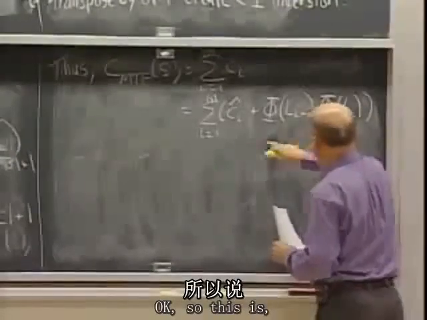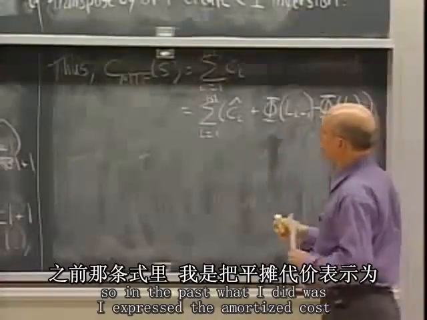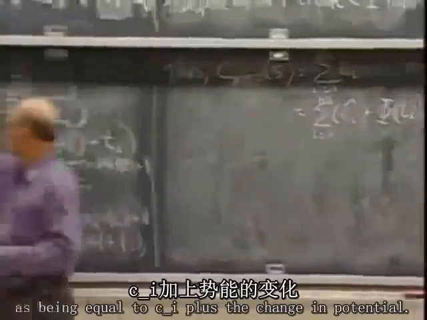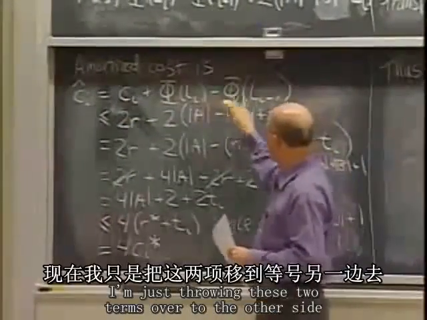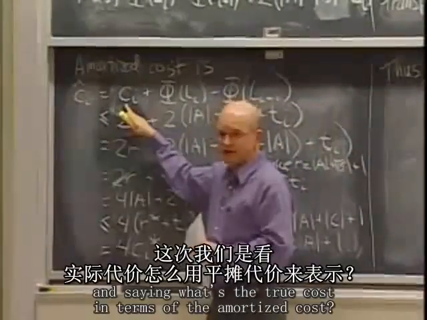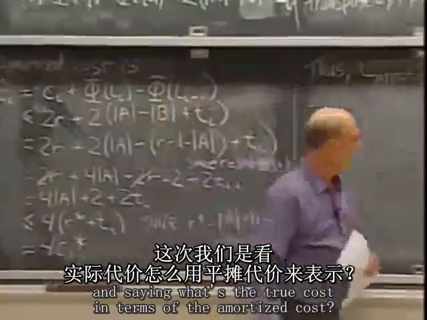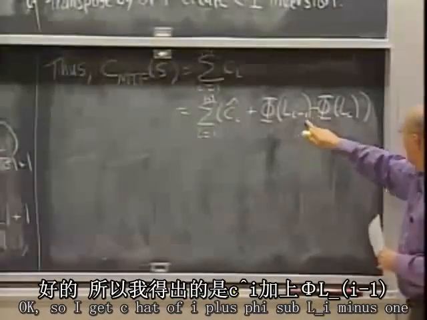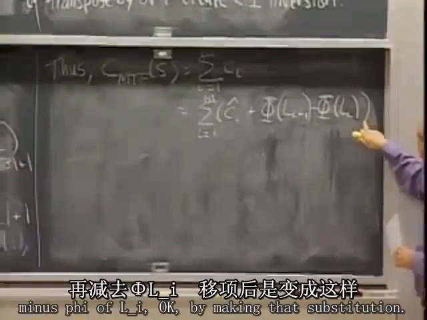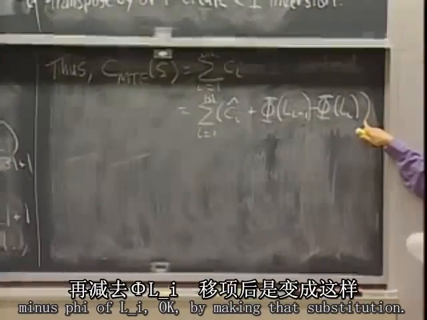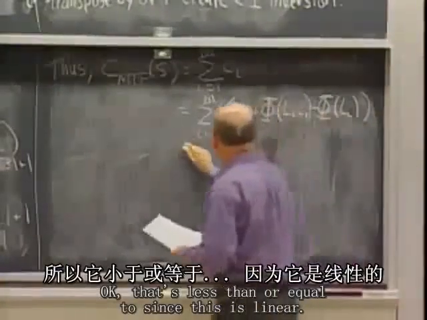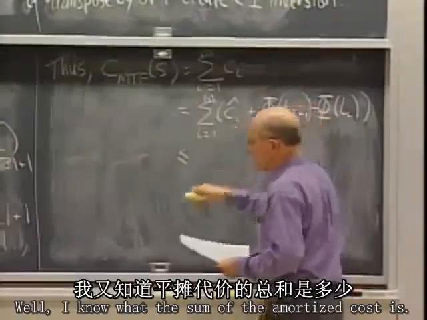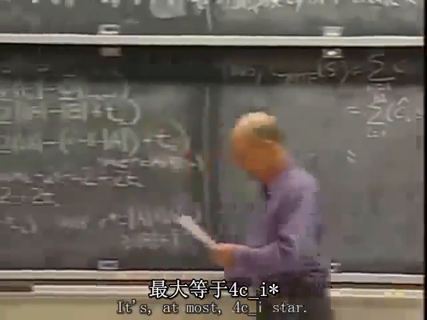In the past what I did was I expressed the amortized cost as being equal to c sub i plus the change of potential. I'm just throwing these two terms over to the other side and saying what's the true cost in terms of the amortized cost. So I get phi of L sub i minus 1 minus phi of L sub i, by making that substitution. That's less than or equal to, since this is linear, well, I know what the sum of the amortized cost is. It's at most 4 c sub i star.